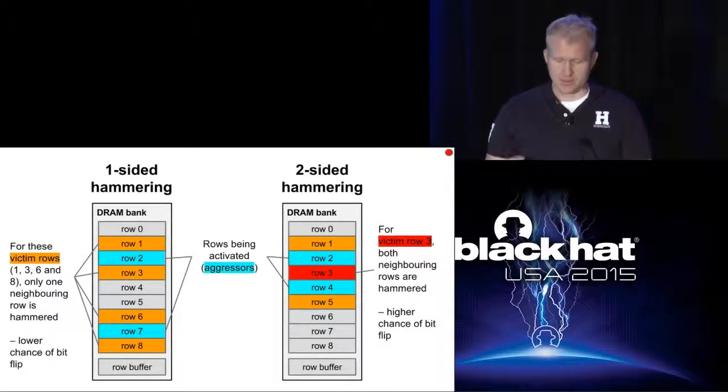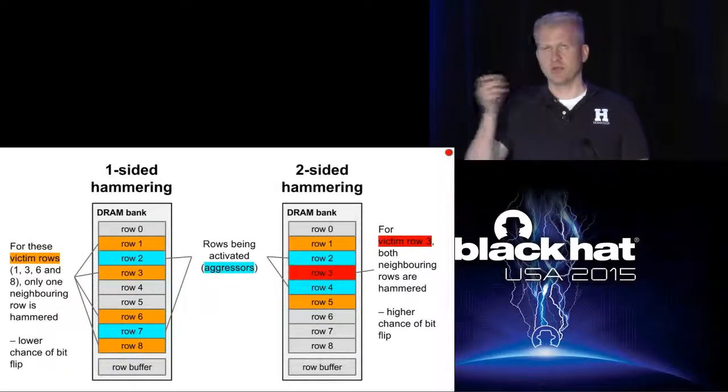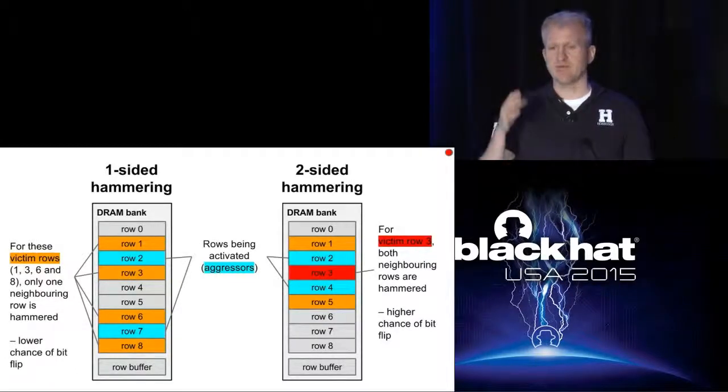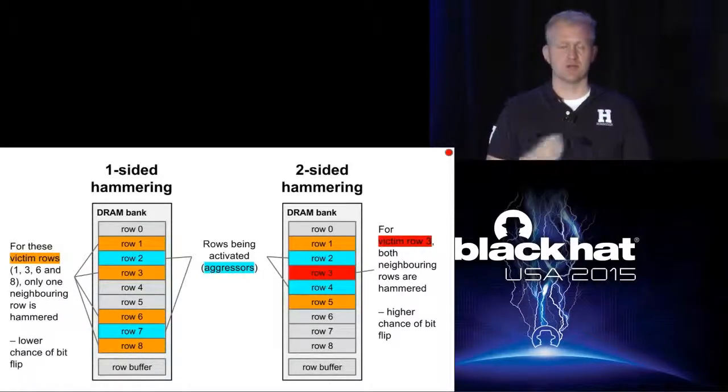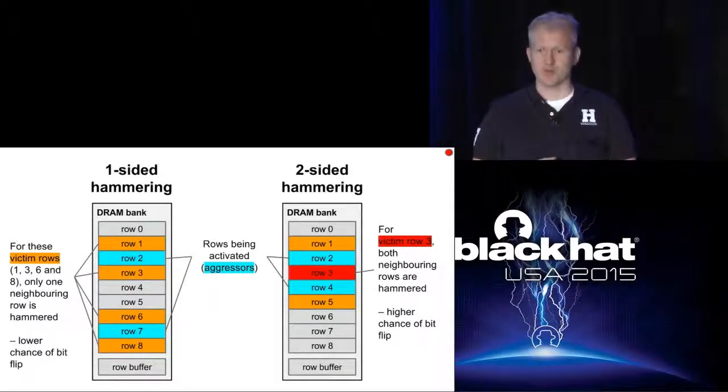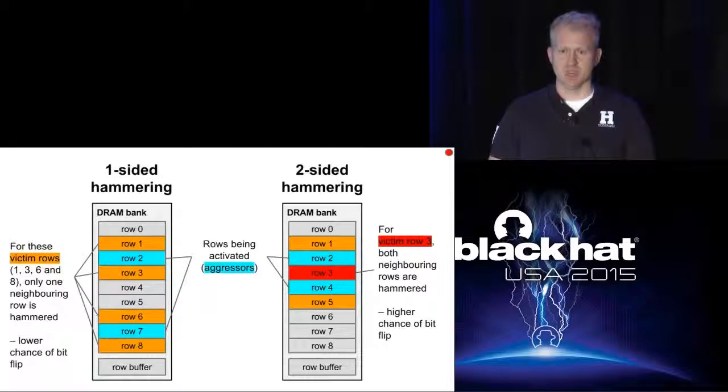The difficulty, though, is that you need to pick aggressor rows that are exactly 2 apart. And because the mapping between physical addresses and the actual banks is different between different laptops, if you really want to be effective at hammering a particular laptop, you probably want to have experiments on a laptop of the same type, just to make sure that you're picking the right distances between addresses to hammer.